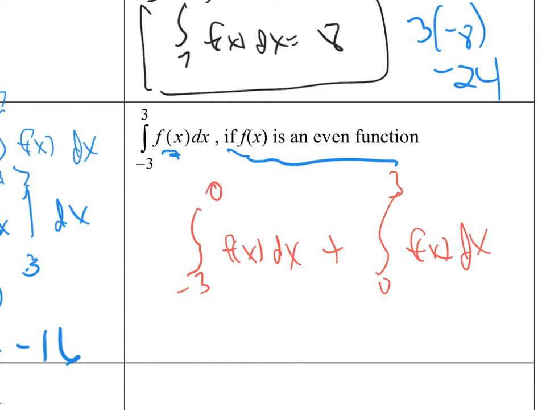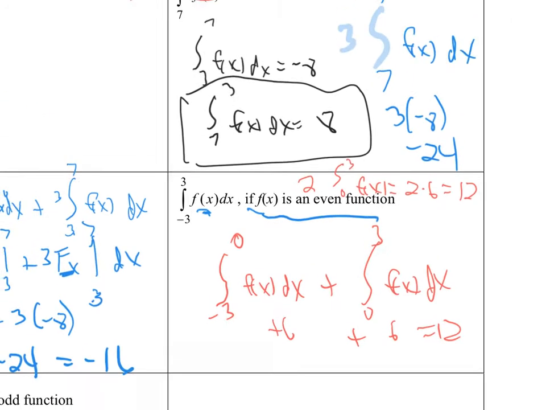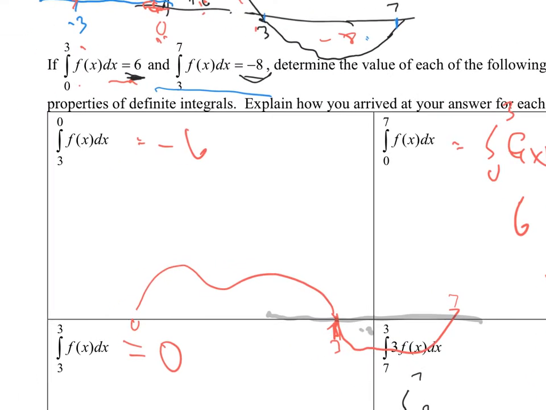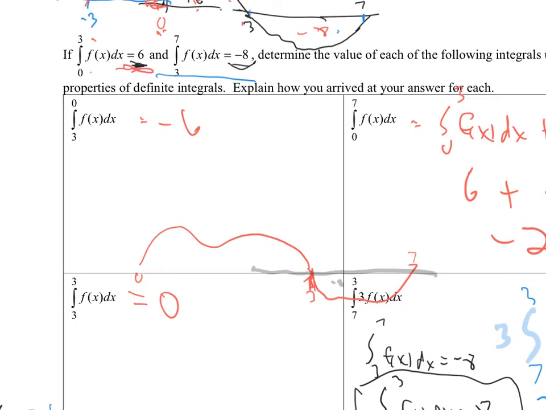So 0 to 3 was a 6, so this had to be a 6. Give me an answer of 12. Or you could have done 2 times the area between 0 to 3 of f of x, which is 2 times the 6. 12. Was that 6, right? Yes, it was 6 right there. I forget.